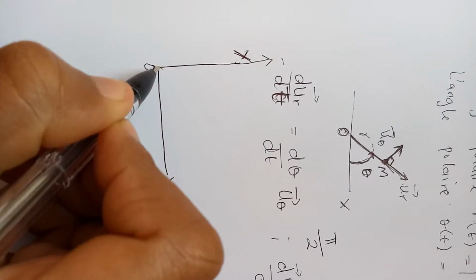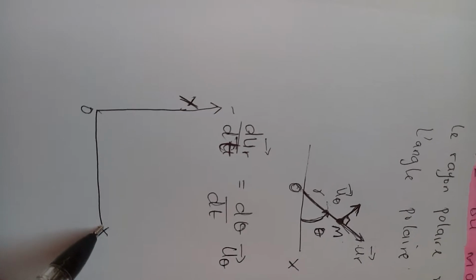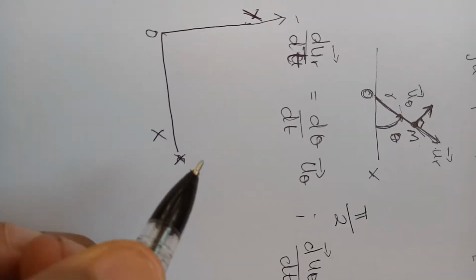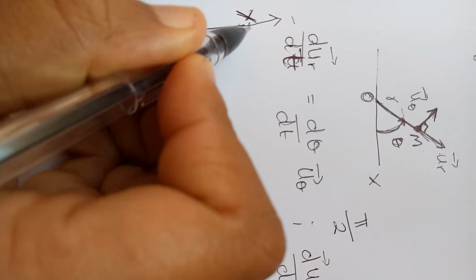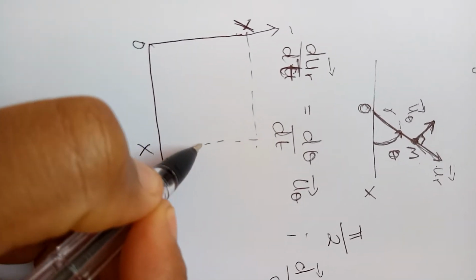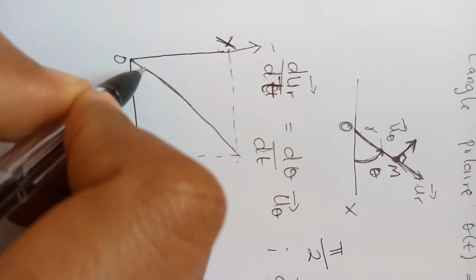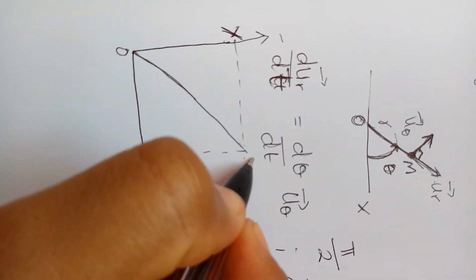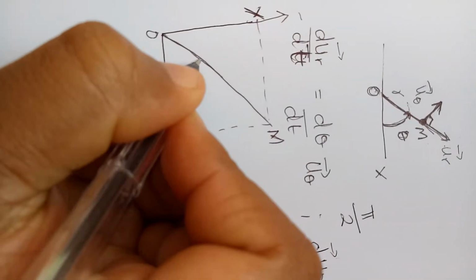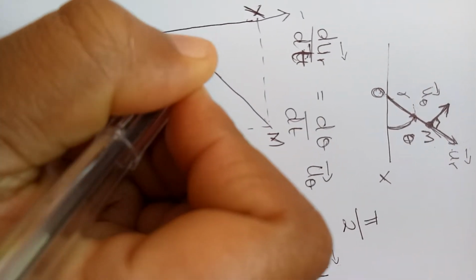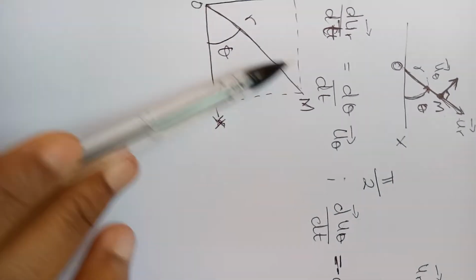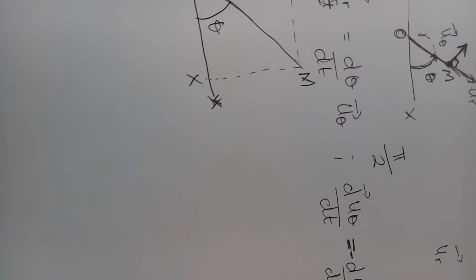Remember, I'm not drawing it to scale. Theta is always measured with r with respect to OM.